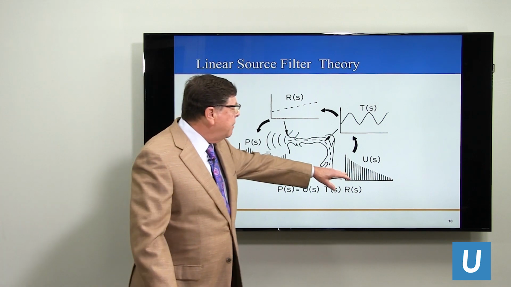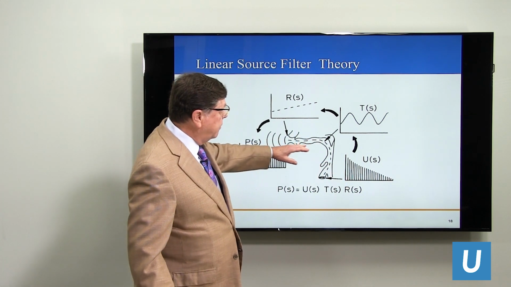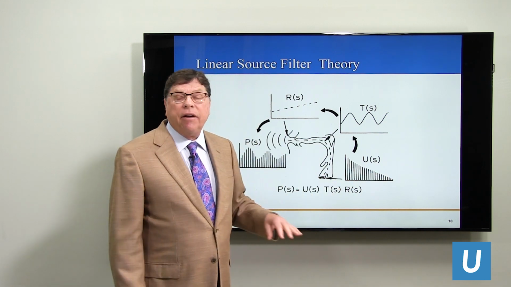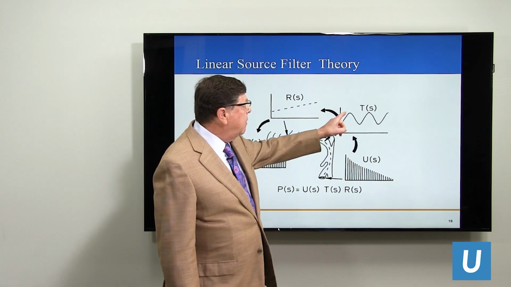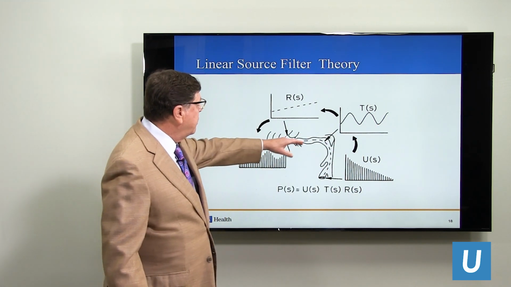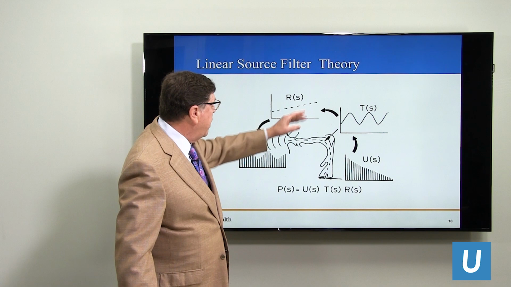But that sound then passes through the vocal tract, and some of these, we call them harmonics, are amplified and other harmonics are diminished by the shape of the vocal tract. And then it comes through the lips and the sound is radiated.